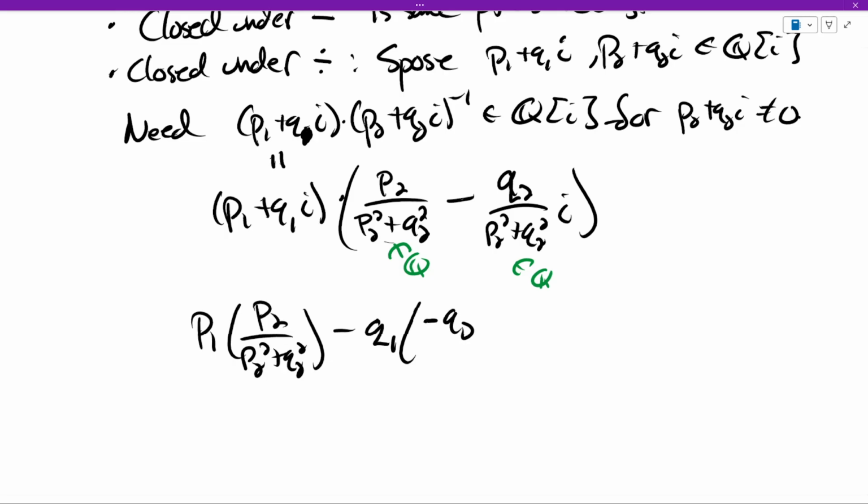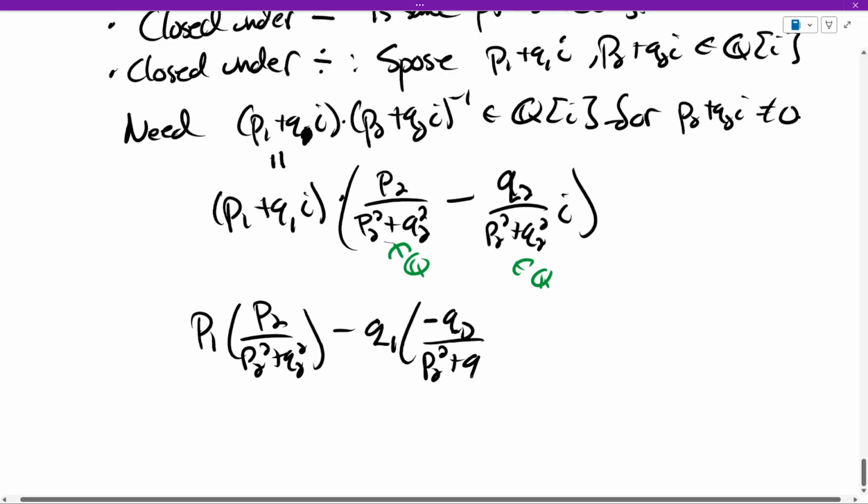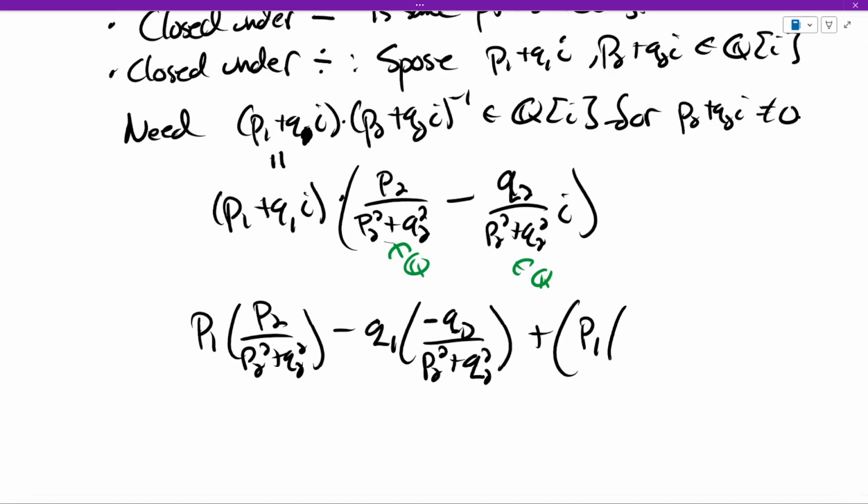The imaginary part here is negative, keep that in mind. Plus the sum of the cross terms. That's one of the cross terms, and this is another one.